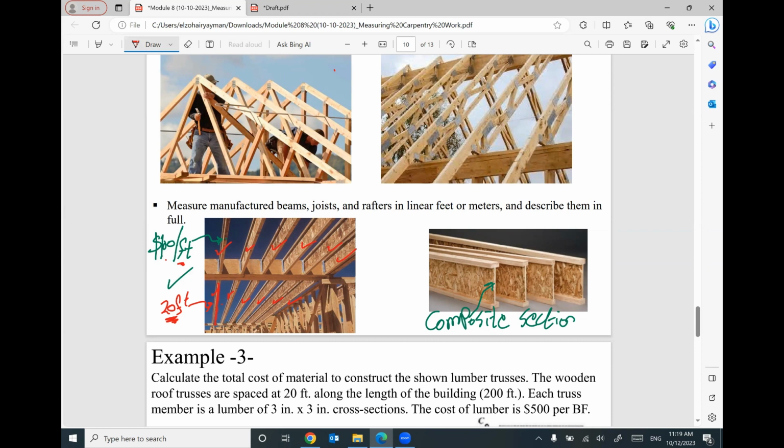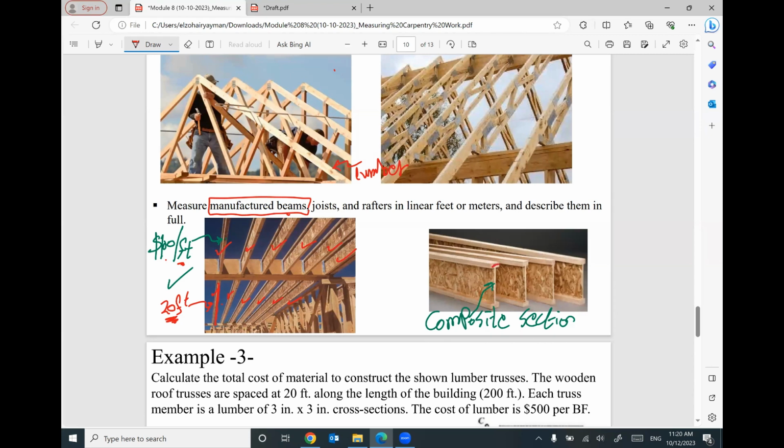So sometimes the manufactured beam, what you mean by manufactured beams, they are not natural. Like this piece, this lumber is coming from the tree directly. But for this one, no, we need to refabricate it. We need to remanufacture it. That makes sense?